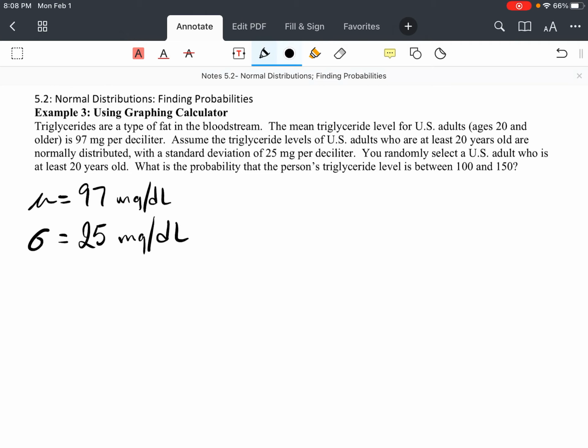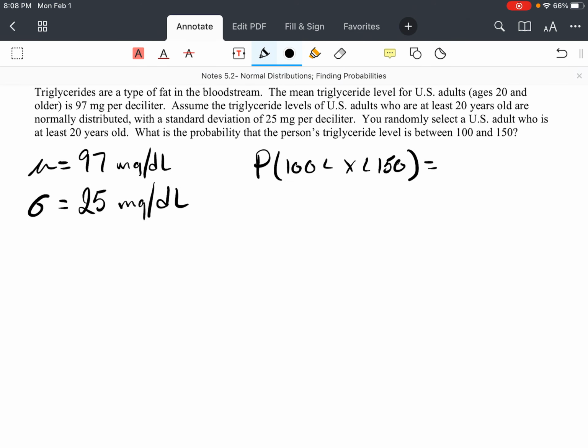We randomly select a U.S. adult who is at least 20 years old. We want to know the probability that the person's triglyceride level is between 100 and 150. So what we're going to do is first calculate the z-score.